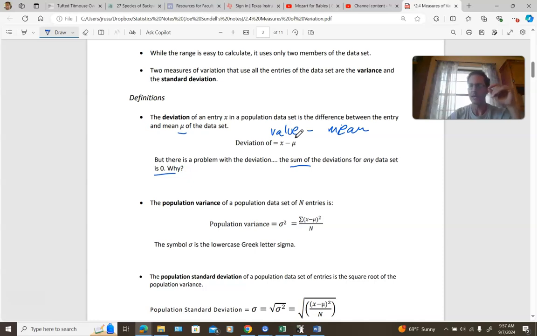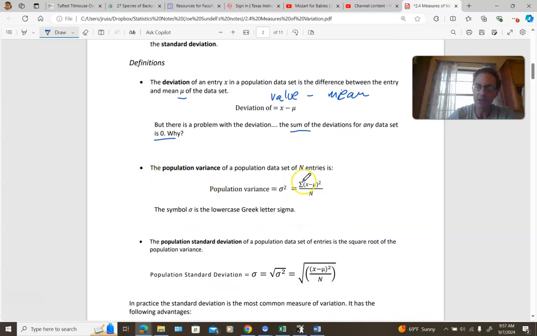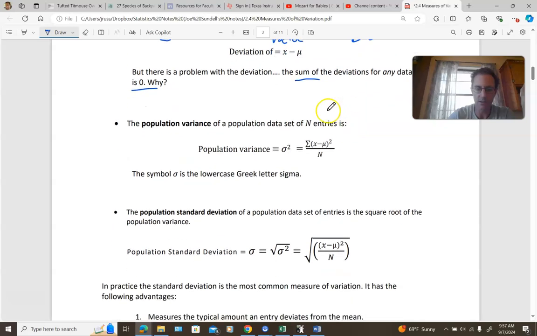Or in other words, mathematically, you would have just as much positive deviation as you would negative deviation. And so that's why the sum of all those deviations is always going to be 0. So that's not going to work. So in order to not get 0 if we sum up all the deviations from a data set, we end up squaring each deviation, and that's what this tells us right here.